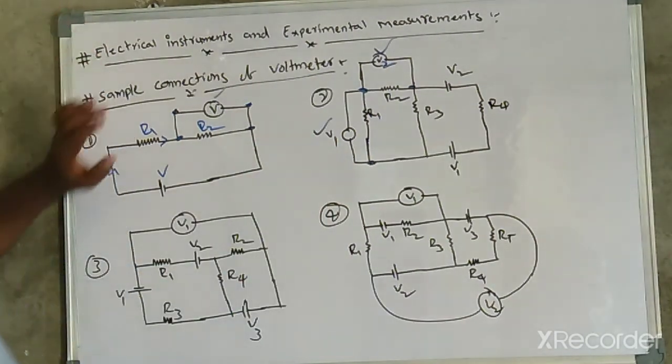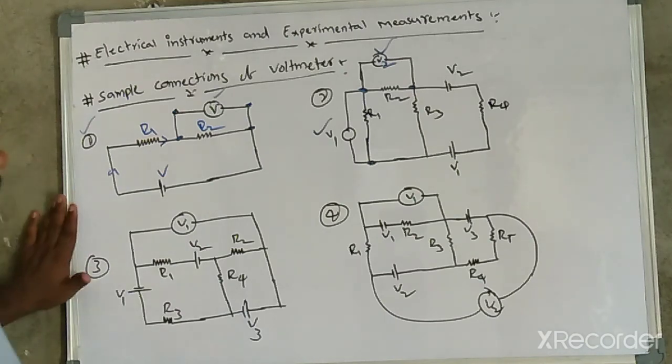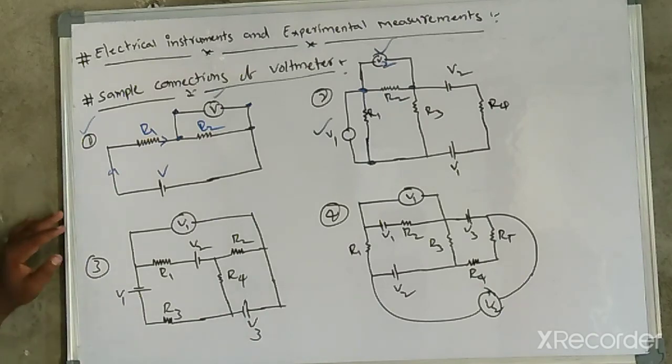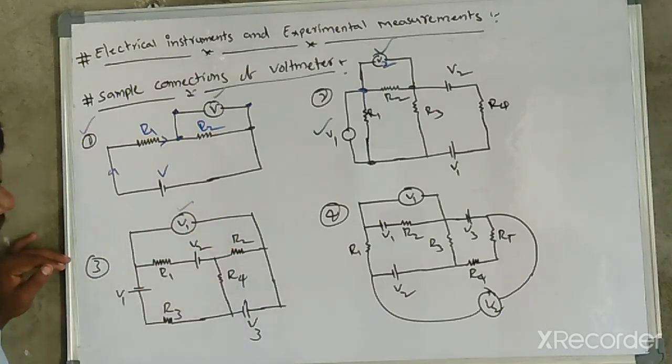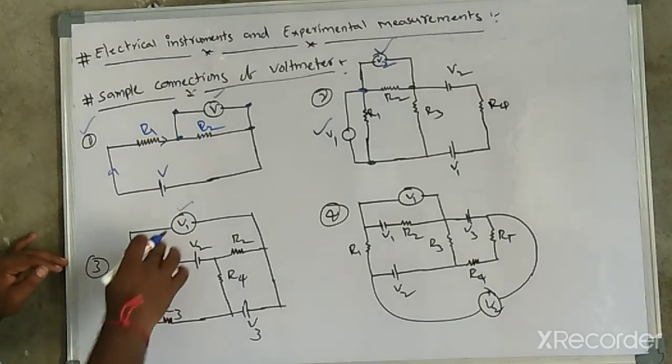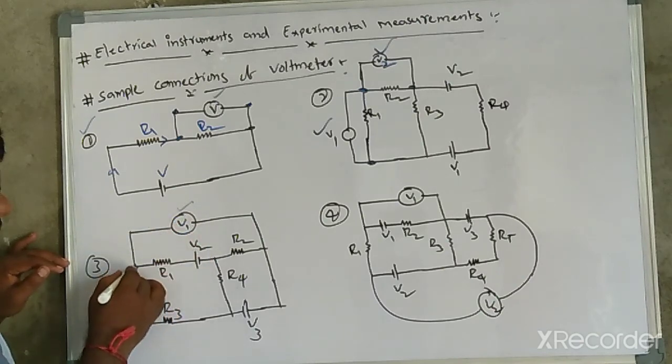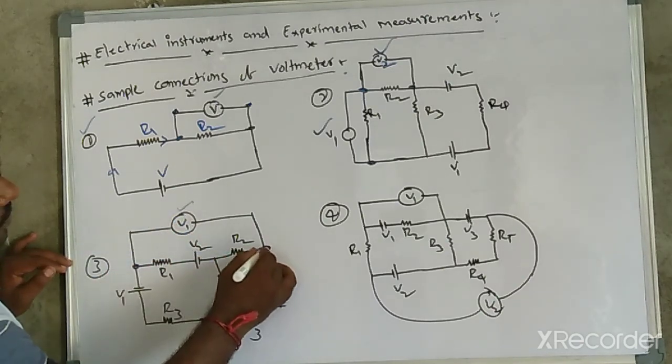Similarly, the fourth case is somewhat difficult, deep level. Here there is the V1 voltmeter, connected in parallel across this potential drop.